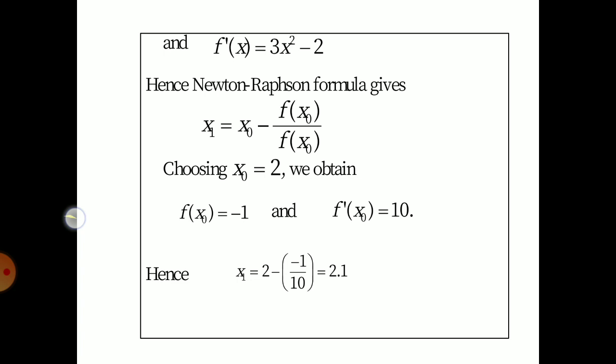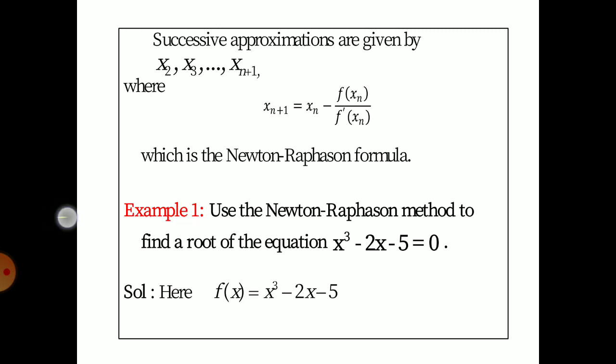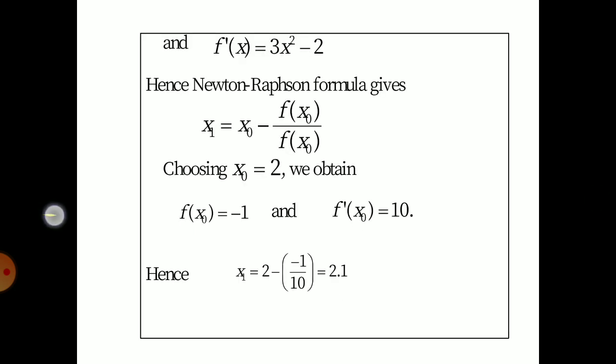Then find the value of f of x0. Put x0 equals 2, and therefore f of x0 equals f of 2 equals 2 cube minus 4 minus 5. 2 cube is 8, minus 4 is 4, and minus 5 is minus 1, and therefore f of x0 equals minus 1.